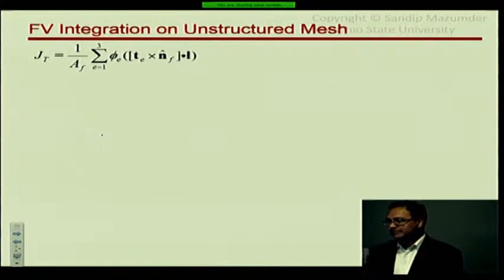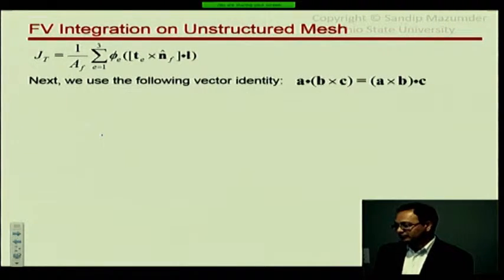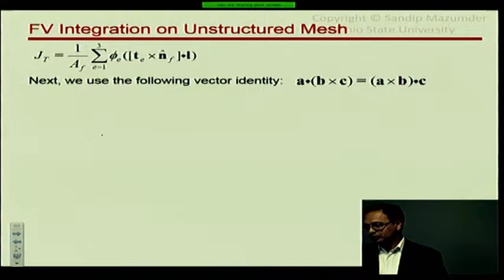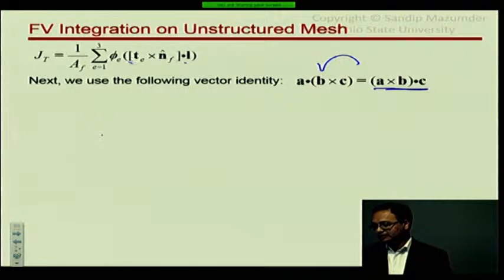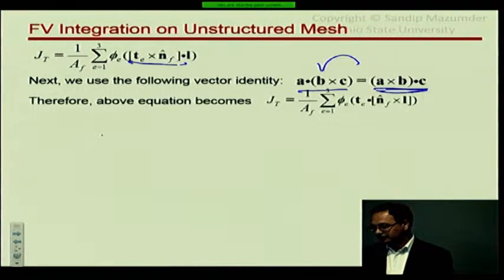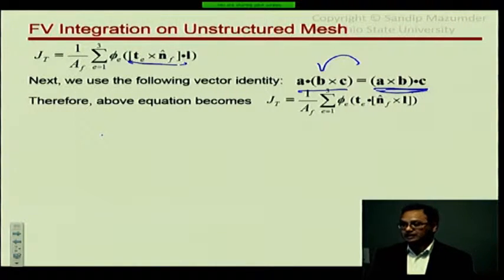We simplify that and we use another vector identity. What we are doing is taking that right hand side and converting it to this form. So we write it as TE dot NF cross L instead of TE cross N dot L, and you will see in a moment why we do that.